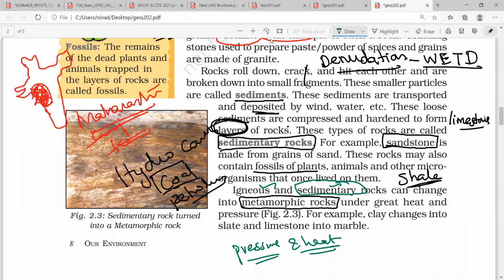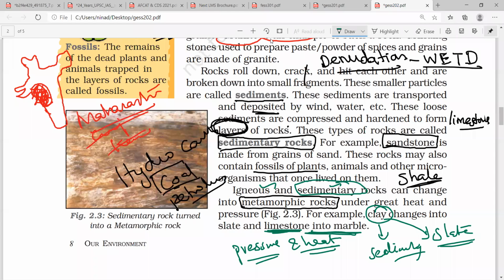Example: clay is an example of sedimentary rock. It is converted into slate because of the changes in the pressure and the temperature. Likewise, limestone is converted into marble. Please copy this example.